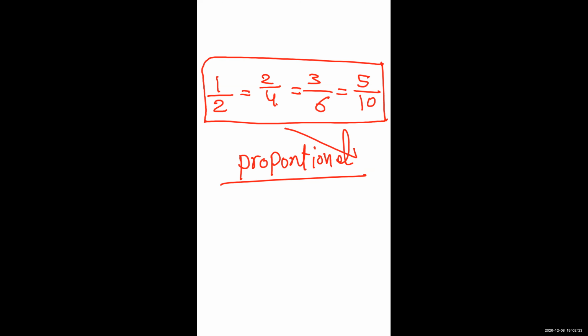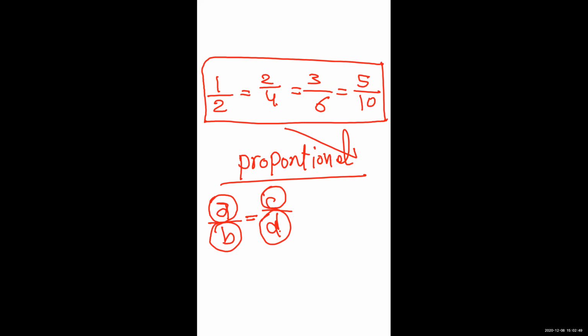Now if there is a proportion, A over B equals C over D, in this case A will be the first proportional, B the second proportional, C the third proportional, and D is the fourth proportional.